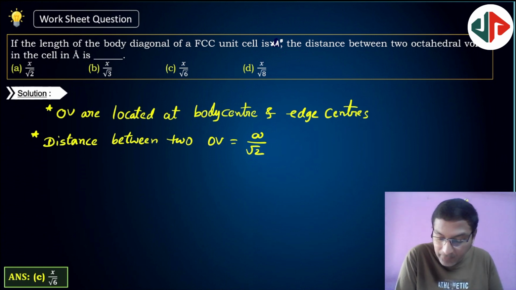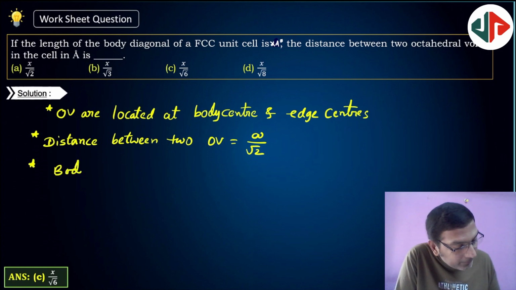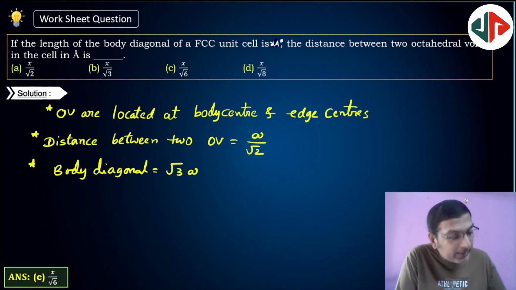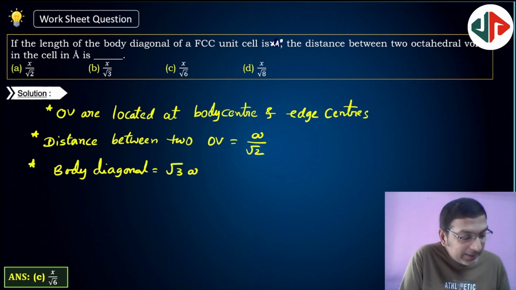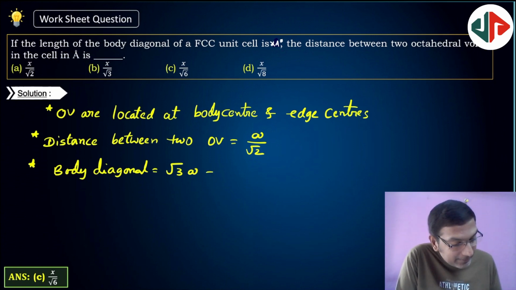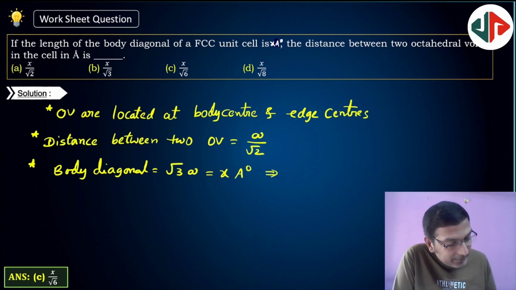Next. So here, length of body diagonal. Body diagonal is root 3a. See, length of body diagonal is given x angstrom units. So from this we can find a equal to x by root 3 angstrom units.